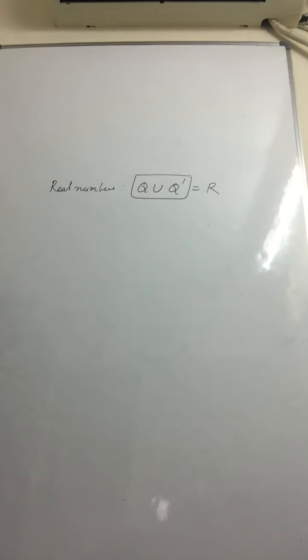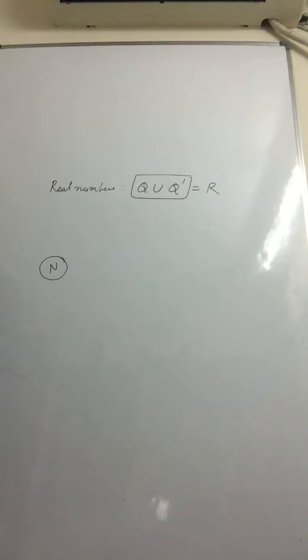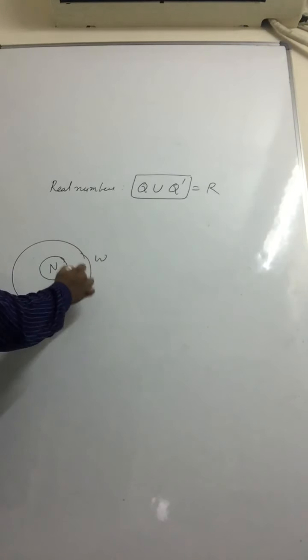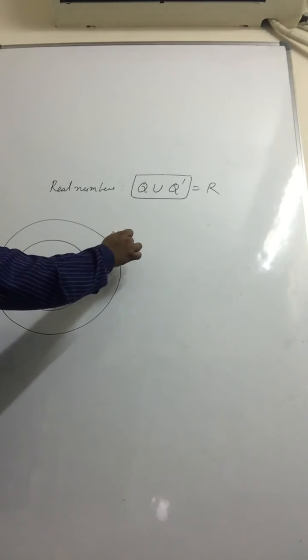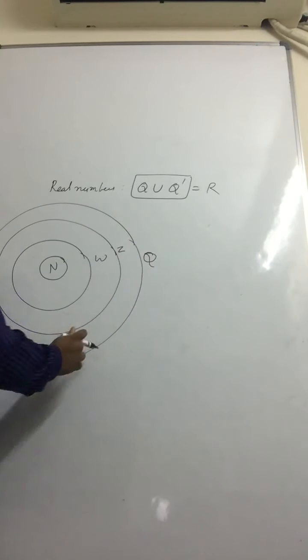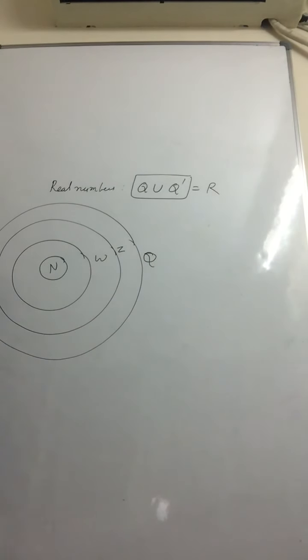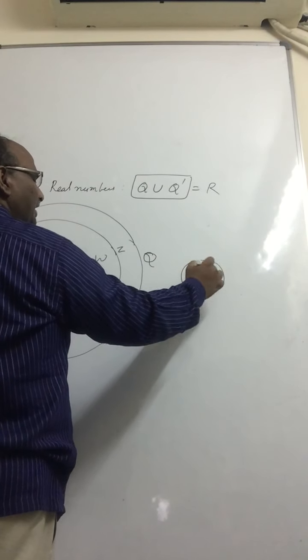So, integer is a real. First set, the smallest infinite set here for us, natural numbers. Then whole numbers, 0 is additional. Then integers. Then rationals. Integers are part of rationals. So here you have another set, irrationals.